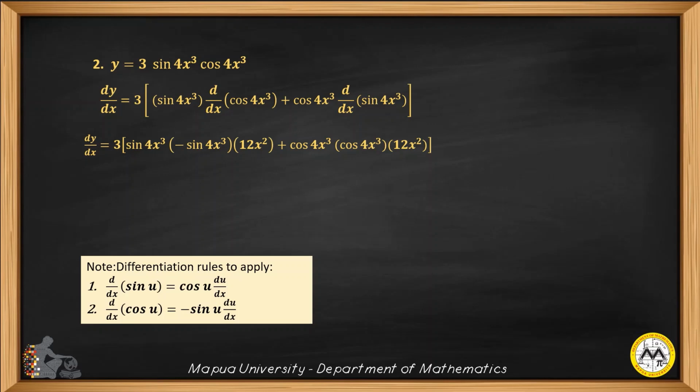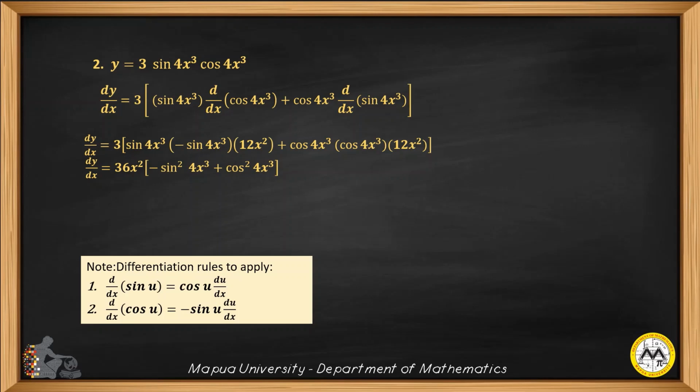Now please take note that among these terms, we have the common factor 12x squared. And whenever this is factored out from the sum, then the derivative dy/dx is given by 36x squared, that is coming from 3 times 12x squared, times sine 4x cubed times negative sine 4x cubed to give us negative sine squared 4x cubed.